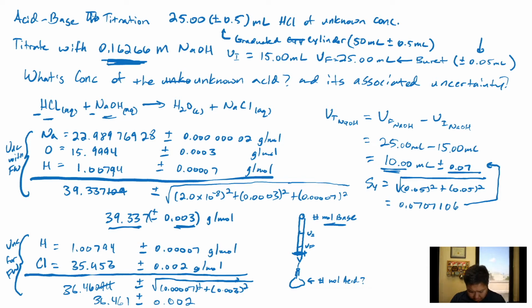Oh, you know what it is? I have a math error here. See, you've got to go back and check on your math errors. Think about what you're doing. This actually should be 39.997106. My apologies there. That's a math error.